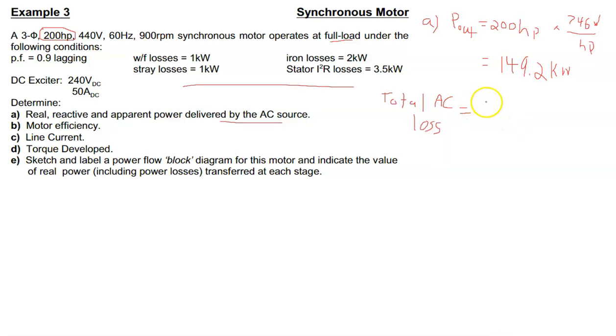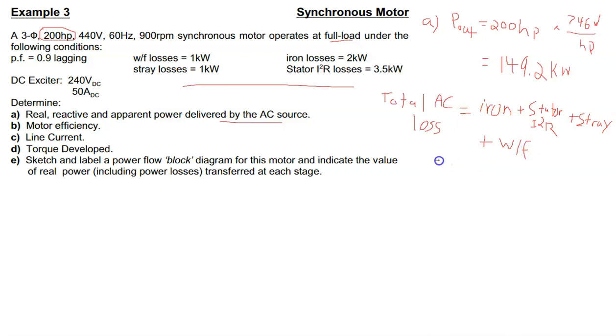And so that gives us an iron loss, a stator I squared R loss, and I'm forgetting my stray loss, because that one's a bit new, specific to our synchronous motor, and then the windage and friction loss.